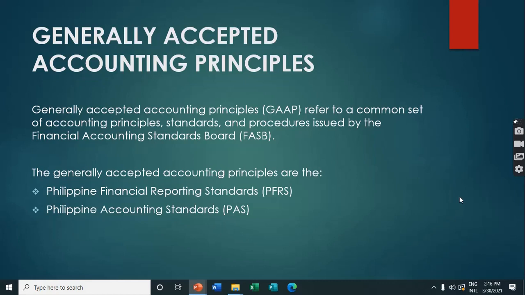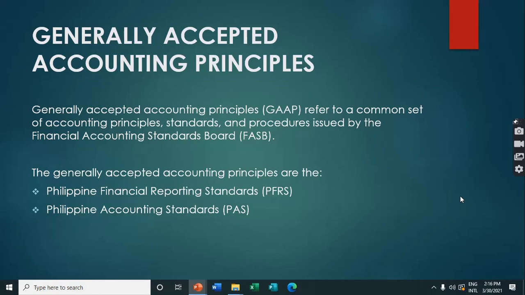So these Philippine Financial Reporting Standards and the Philippine Accounting Standard are our guiding principles on how to record transactions. So kapag may binili ka, ganito, magkano mo siya ire-record. Pag ganito yung mangyari, ganito mo siya ire-record.